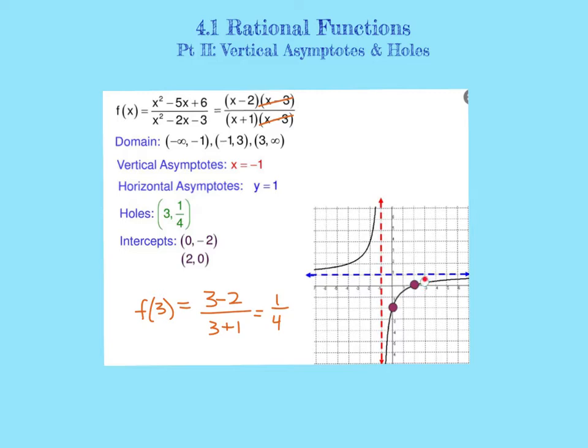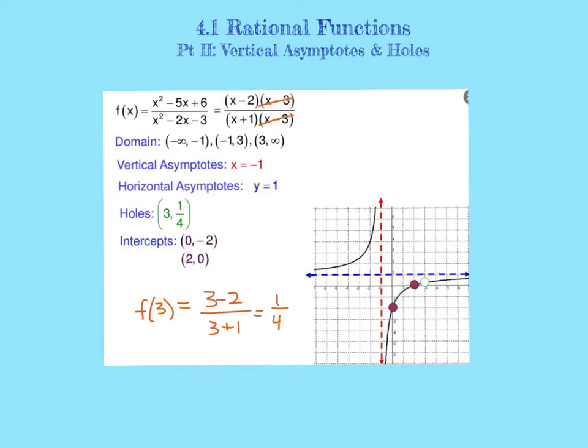So even though that value is not technically part of our function, we can tell where the hole is and what it would be by plugging it in once we've canceled the issues. So that's the difference between a vertical asymptote and a hole, in that they're values that both make our denominator 0, but a hole happens when we can cancel those factors top to bottom.